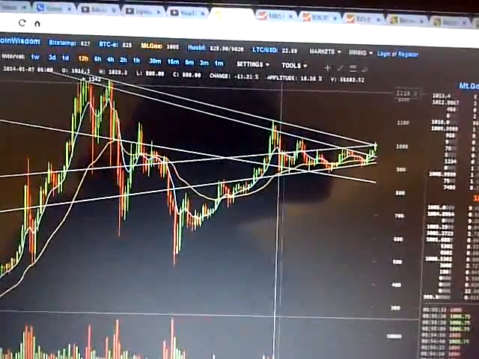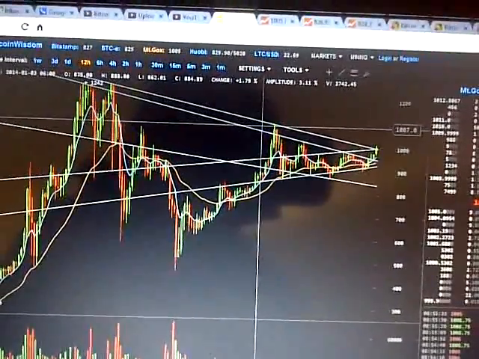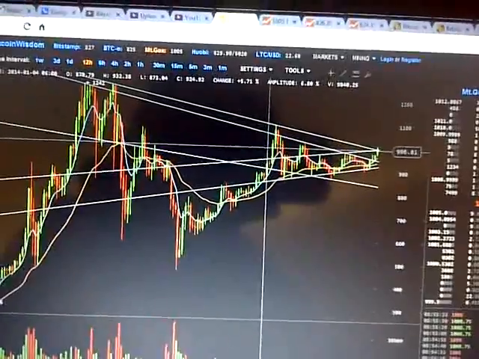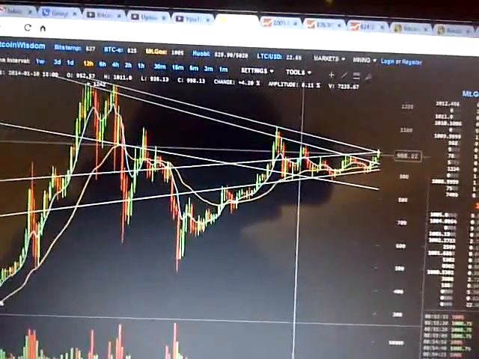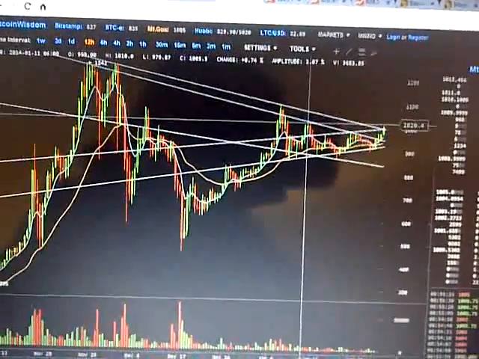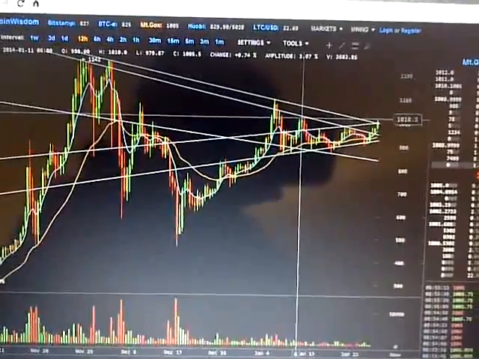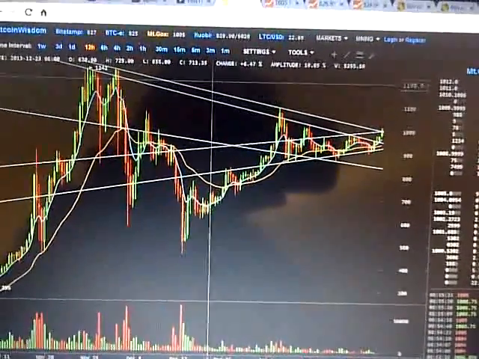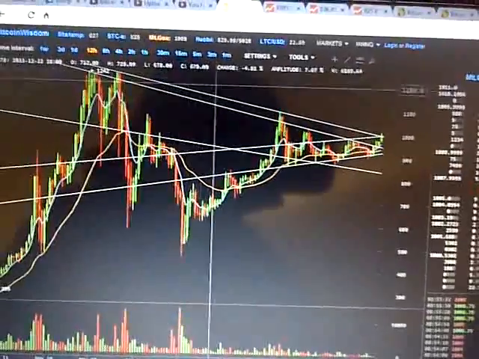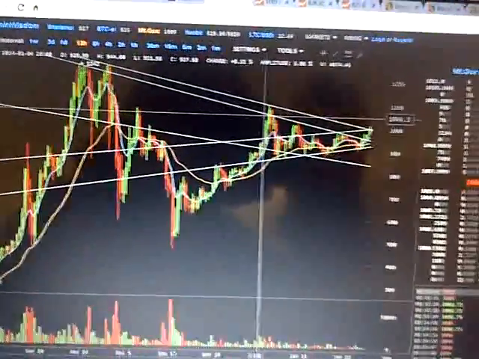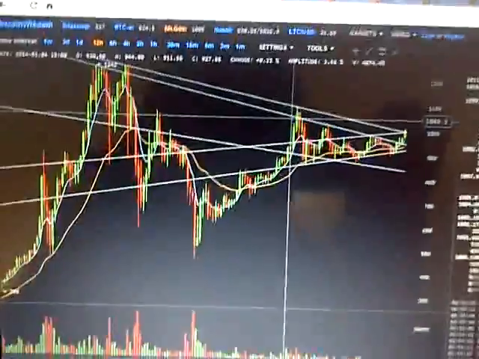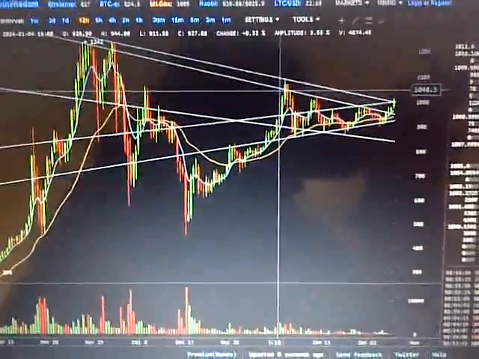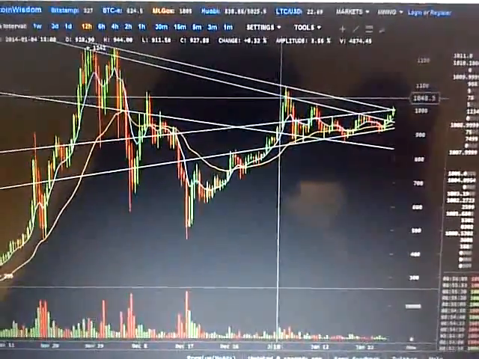Then the next challenge is passing this level, and the final challenge will be this level. If it does pass that level, you're looking at 2000 as the target price.